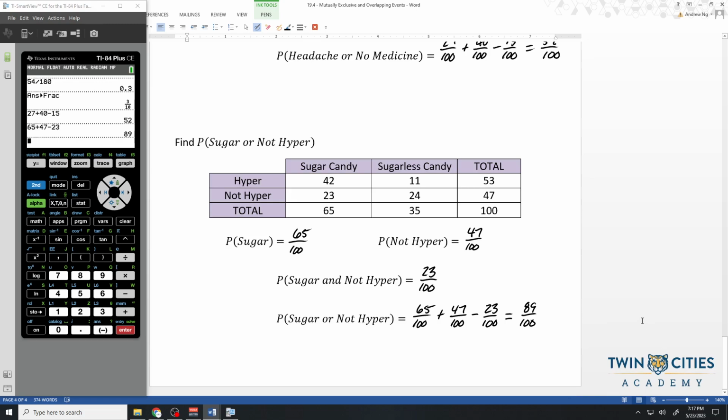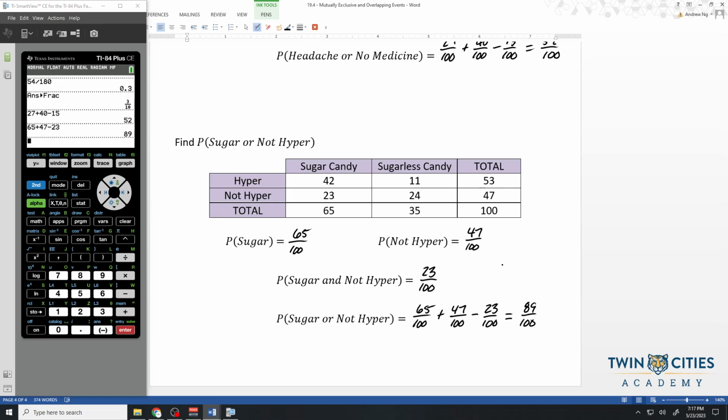You can see how these overlapping events and how to calculate certain probabilities, and even just reading data in these tables and drawing conclusions from the data, could be really helpful in the real world.